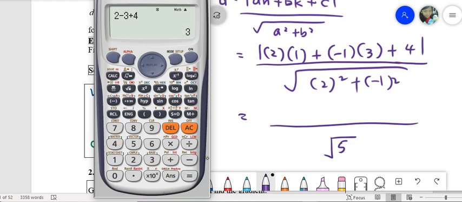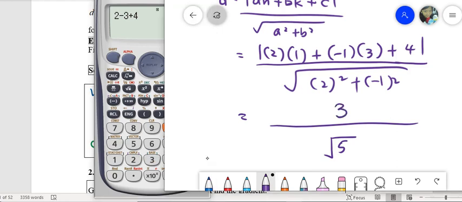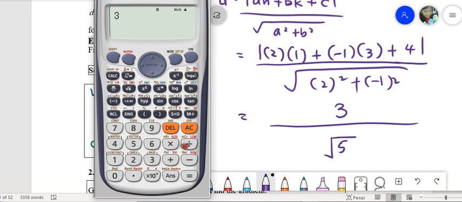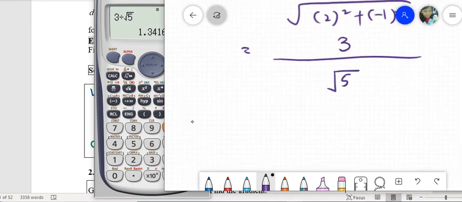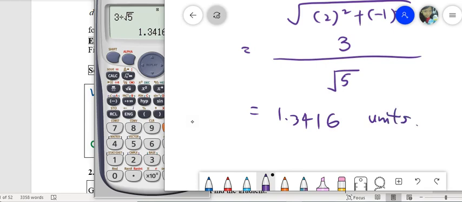You have absolute 3, and absolute 3 means 3. So 3 divide with square root 5. You get 1.3416 units. So that's the answer.